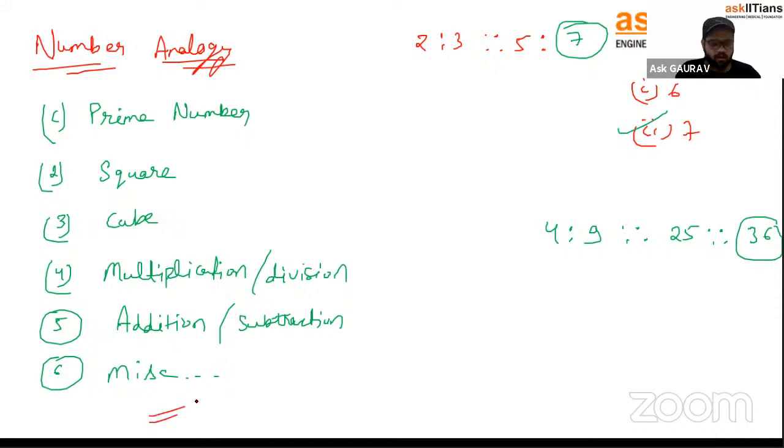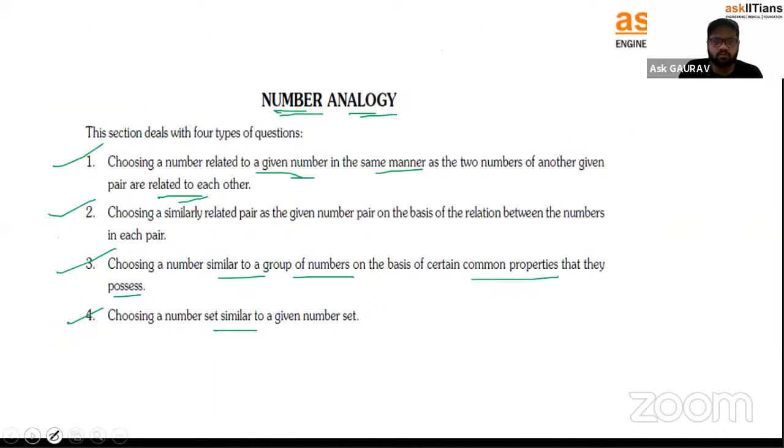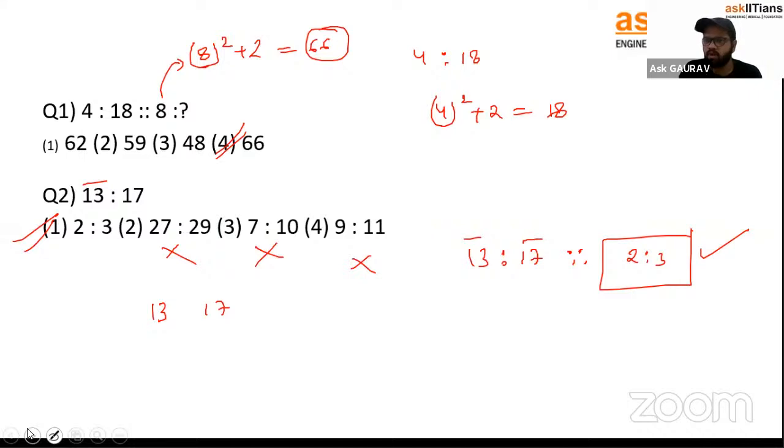In analogy, there is no fixed type of questions. Any question can be made. You can even make your own question. So the concept is small, but the practice is more. You have to practice a lot to identify the patterns. Is that clear?